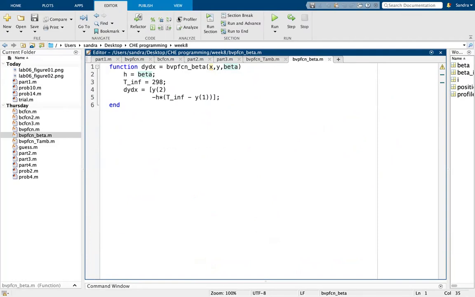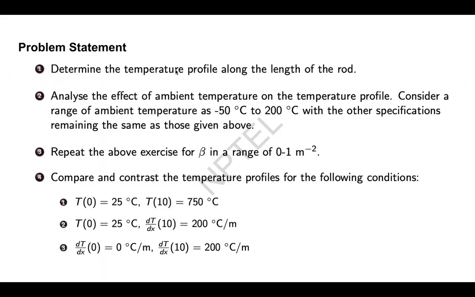Now moving on to the next sub-question of the problem. Earlier we had a particular boundary condition, that is, T0 equal to 25 and T at 10 equal to 750. Now we have to do two more conditions. First, a point temperature value is given and at the second point the gradient value is given. In the next sub-question, both gradient values are given.